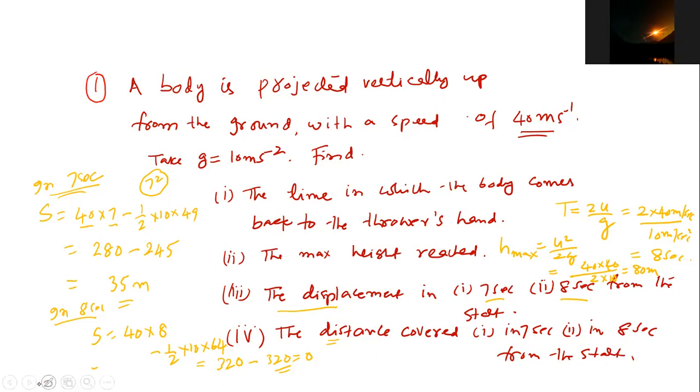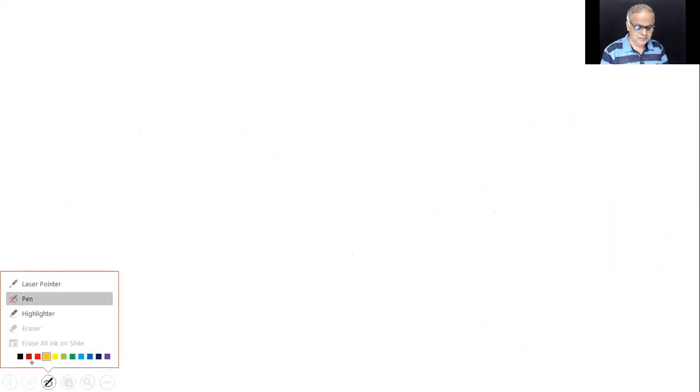Right. Now, distance. Tell me, children. Fourth question is distance in 7 seconds, we asked. Look, u by g is the time to go to the greatest height, isn't it so?